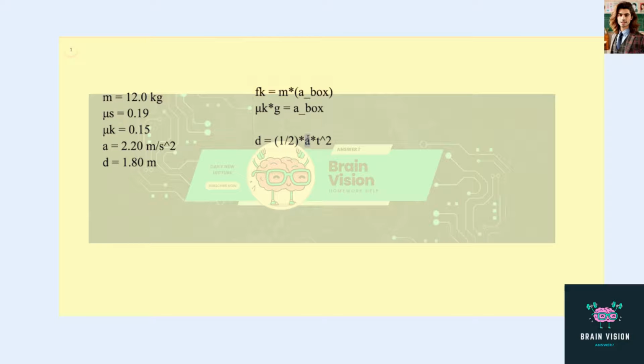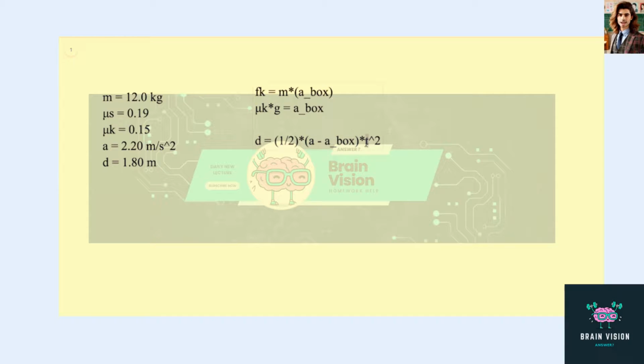And now this a here has to be the relative acceleration between the box and the truck. So the truck's acceleration is a, and we want the relative acceleration, so that's a minus a box. That's what we're going to use for acceleration.